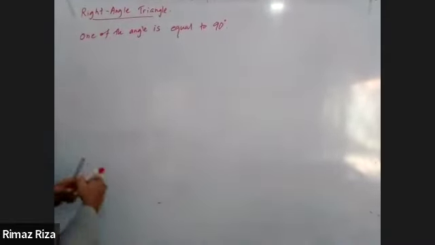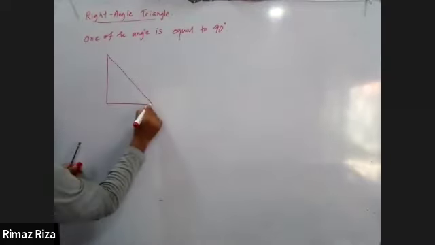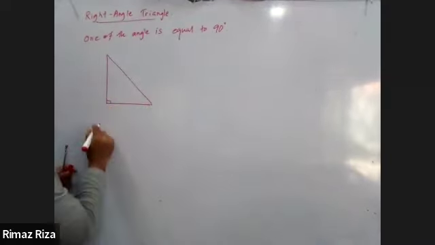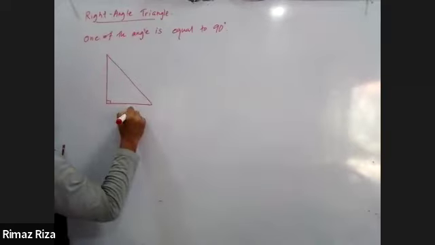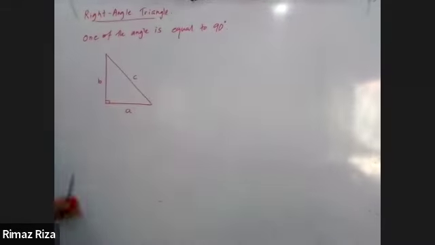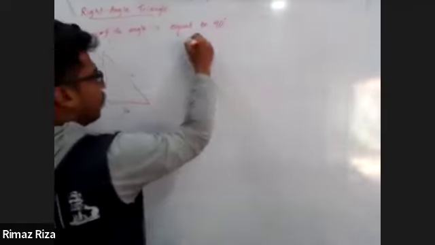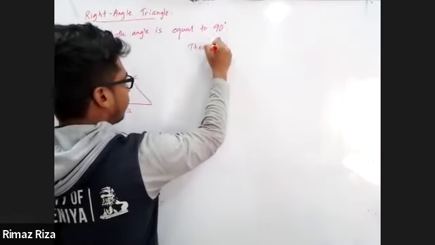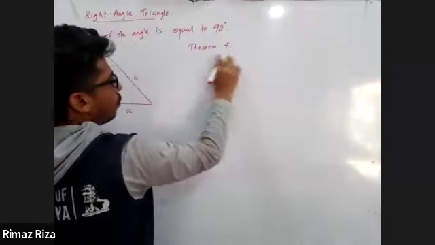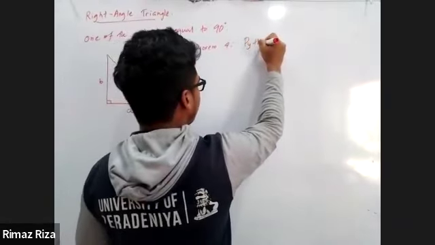So now let us consider a right angle triangle. That means one of the angles is 90 degrees. So this side length, let's say A, this side length B, hypotenuse length C. So now what I'm going to study is theorem 4 of our day, which is Pythagoras theorem.